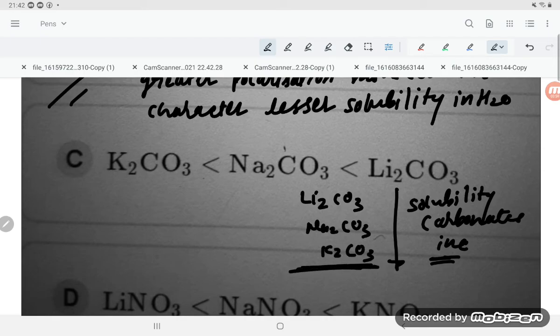This can also be explained by Fajan's rule: the covalent nature will be there, so how can it dissolve in water? It will not dissolve, and it also has high lattice enthalpy, so it will not dissolve. There are two reasons, so this order is wrong, students.